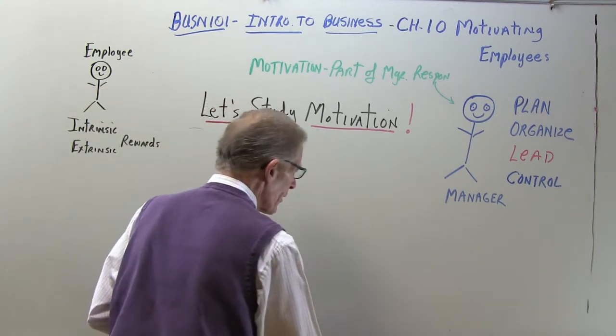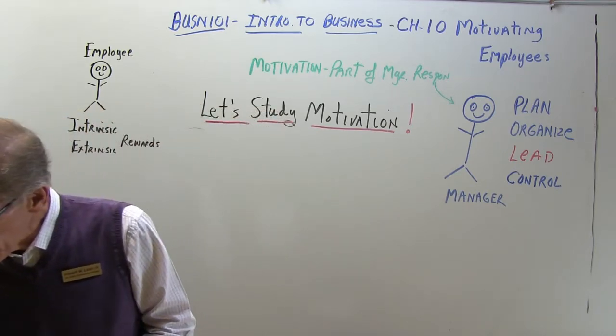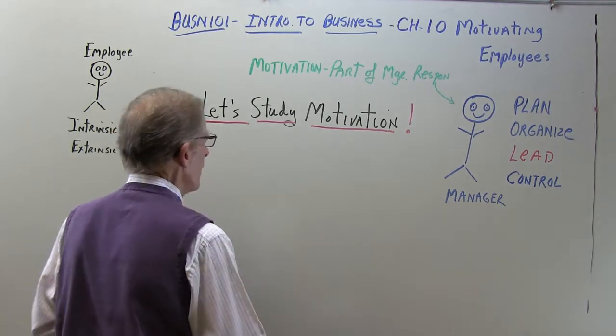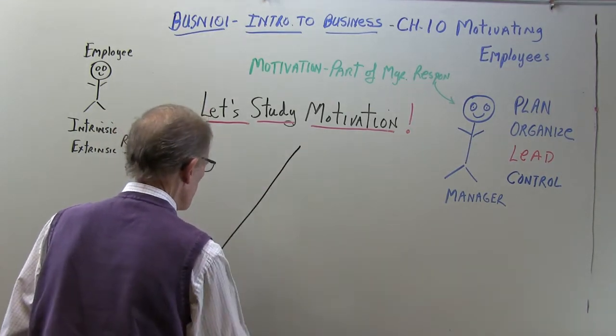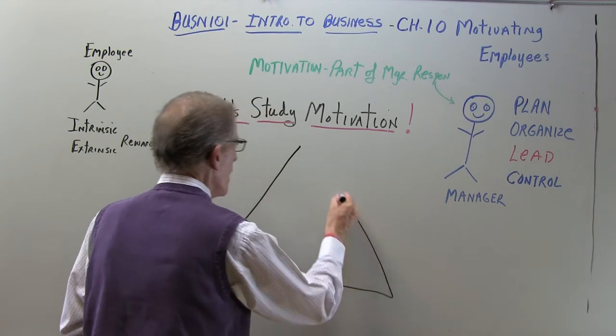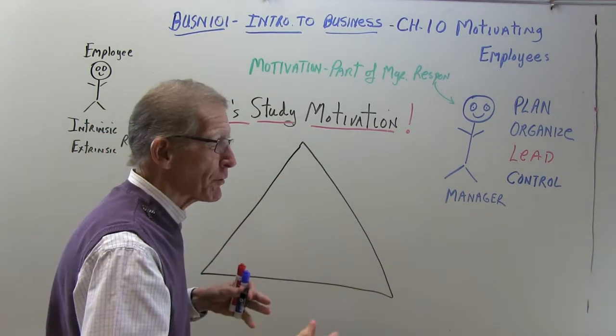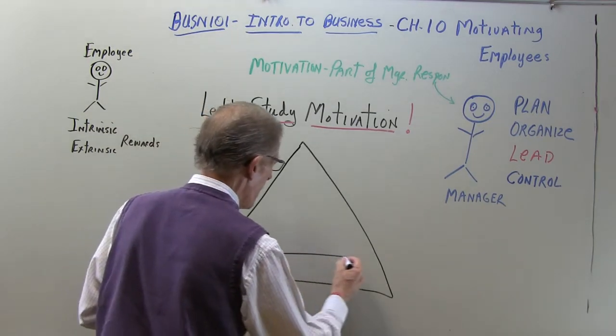Then if you look at your study guide, the third thing we talk about, all right, good old Frederick Taylor, good old Abraham Maslow. You've probably seen this in some of your other classes, psychology or sociology classes or whatever.